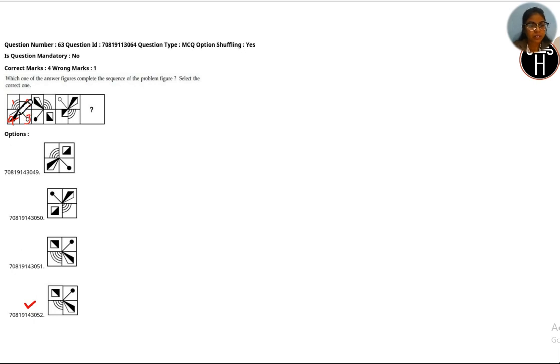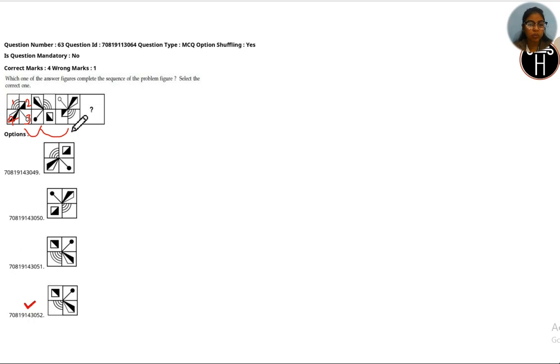Okay. So this is this part, this blank circle and a line. After that, what you're getting to see in the second one, this is getting in the fourth. From third, it is getting into the fourth quadrant with a solid circle and a line. Fine. In the option C, this one is getting in the first quadrant.